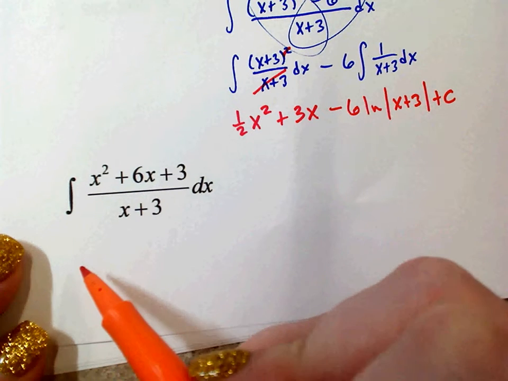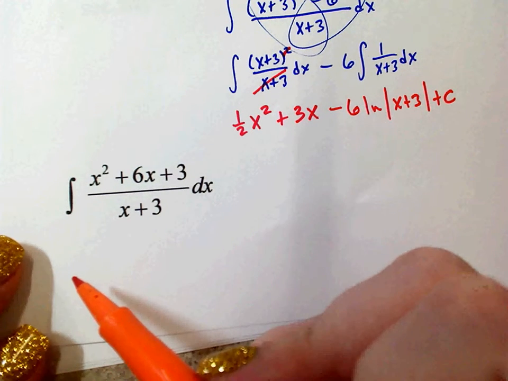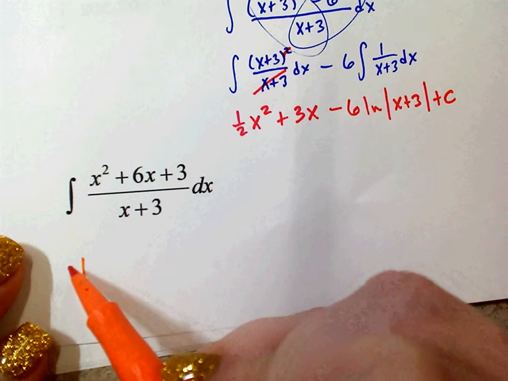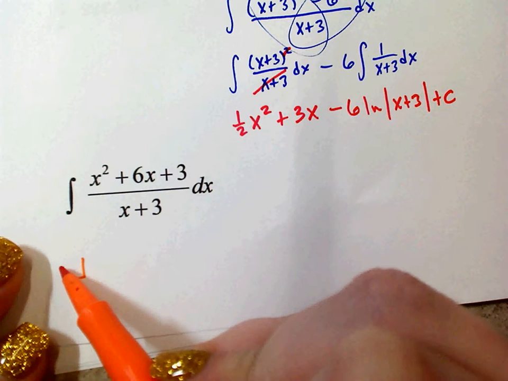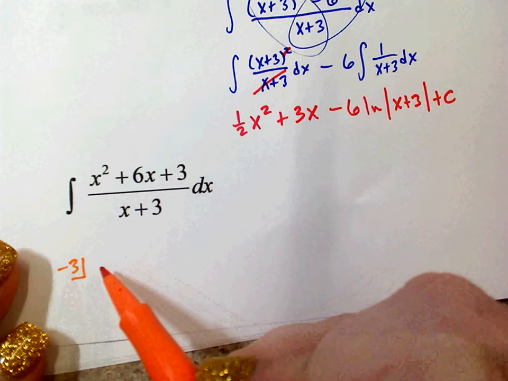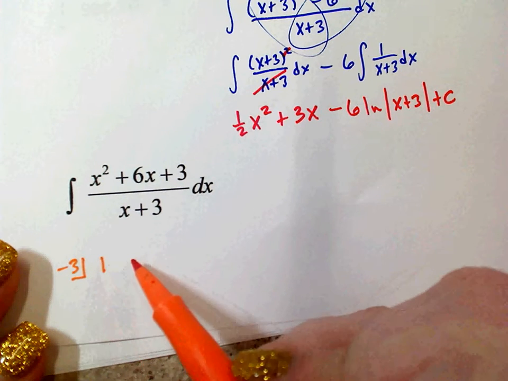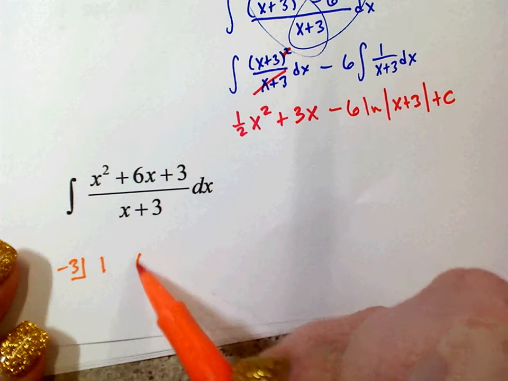So what goes in the half box? -3. What goes across? 1, 6, 3. Bring down the 1. What's that?